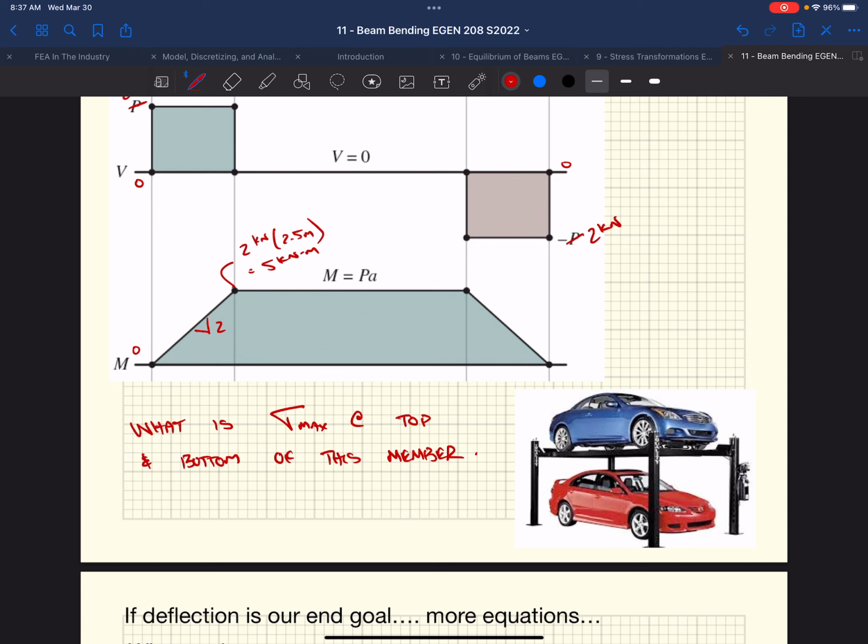Right? I really just want to know what the maximum stress is. I need to know the maximum stress because I'm going to relate that back to material properties. And I'm going to select what type of steel I use for this car hoist system. Okay? Surprised we didn't make it out of gold or something. Right? So how do we do that?